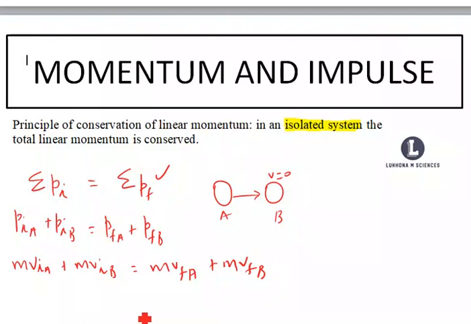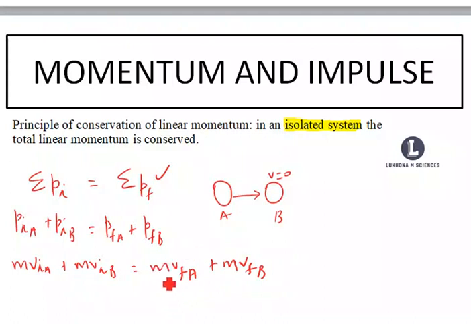That is the principle of conservation of linear momentum. If the object is not moving, the momentum is 0, because you just substitute 0 here. If they are moving with the same speed, you can take out the common factor of the speed.